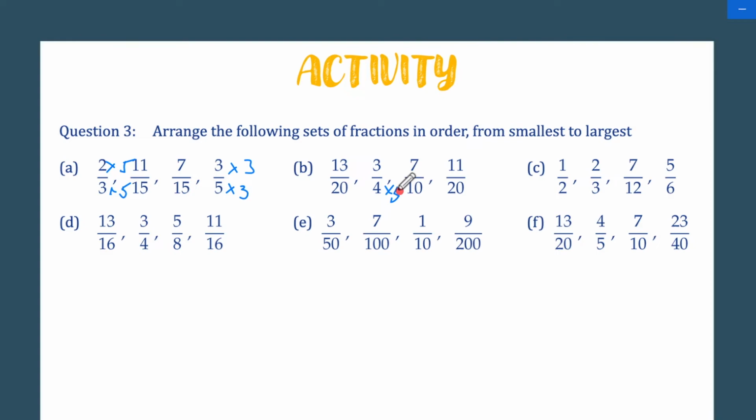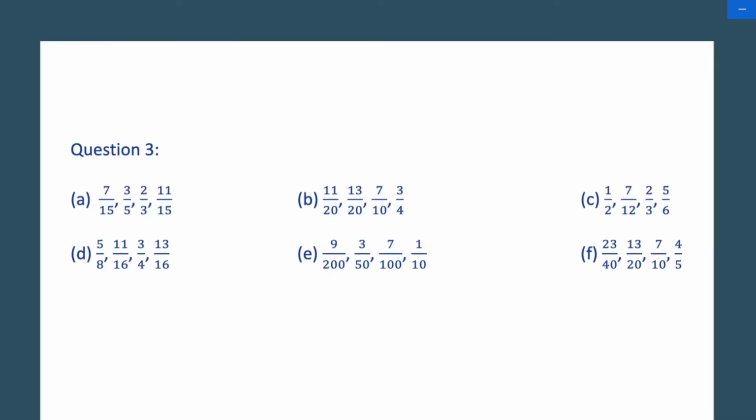This is times 5, times 2, and this, how do you get from 2 to 12? Times by 6, times by 4. Okay, so I am going to give you the answers now. And I hope you got these right. Pause the video again and mark the work.